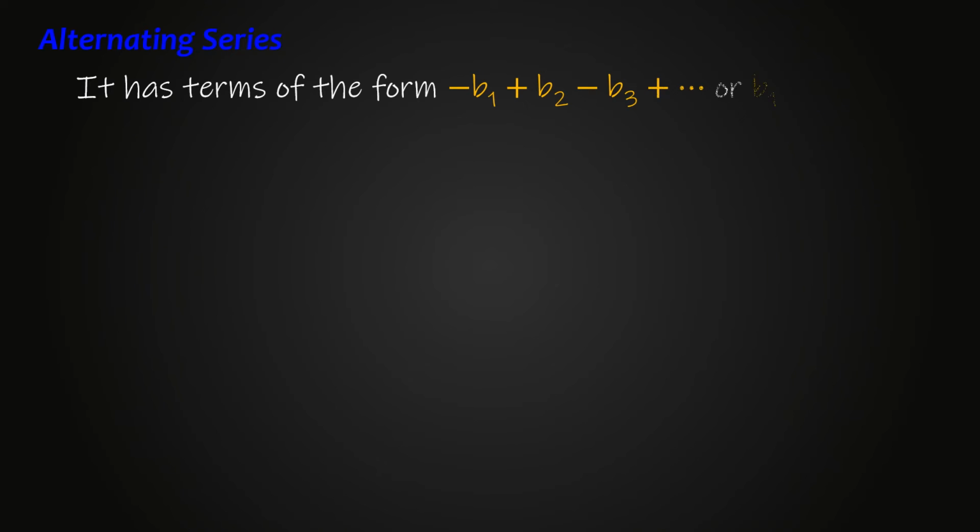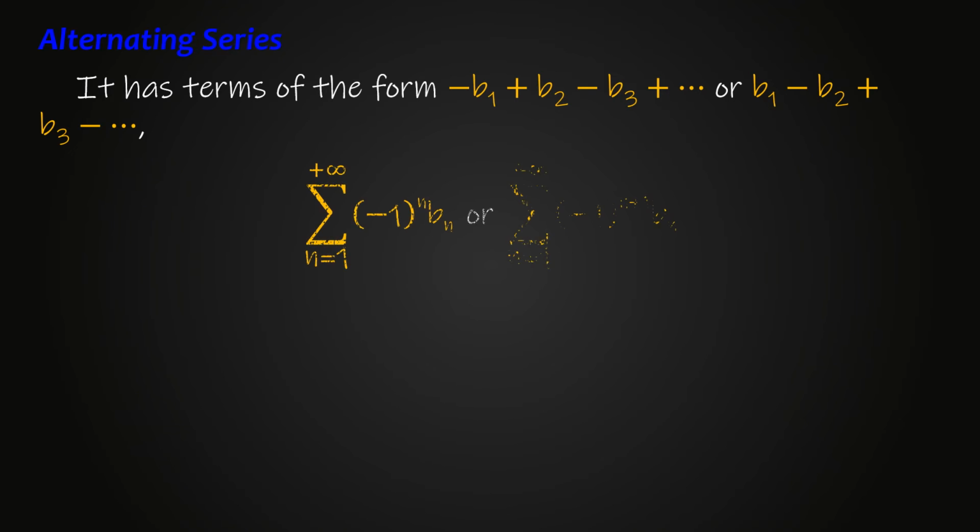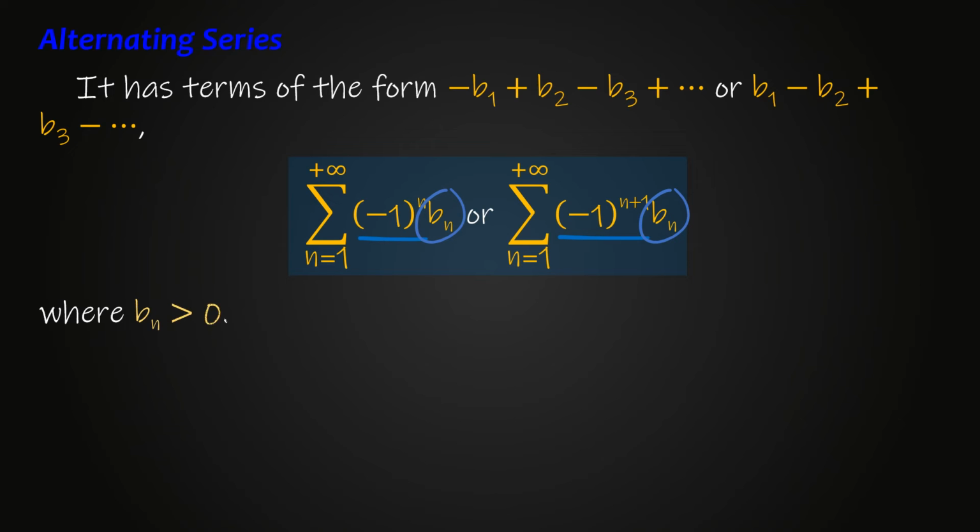Alternating series. It has terms that are alternately positive and negative. It can be written in any of these forms as a product of a power of -1 and the absolute term, where the absolute term is greater than 0.